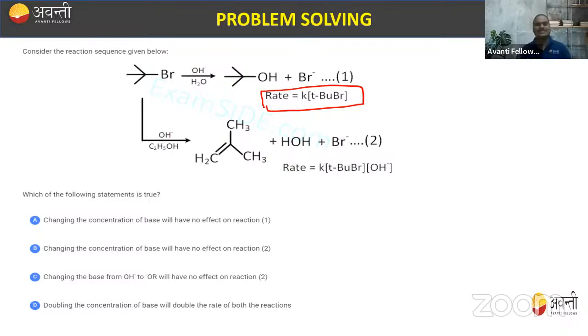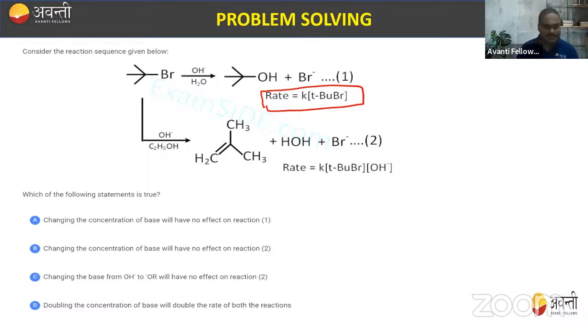So it is a very simple question. It's not such a complicated question. It looks complicated, but actually it's a very simple question. बहुत आसान question. देखो, in the first equation, we get rate equal to K into tertiary butyl bromide. So the rate of reaction depends only on tertiary butyl bromide. There is no dependency of rate of reaction on the base.